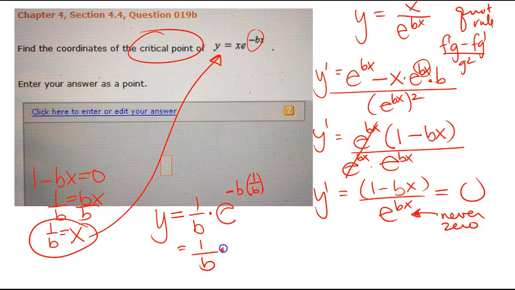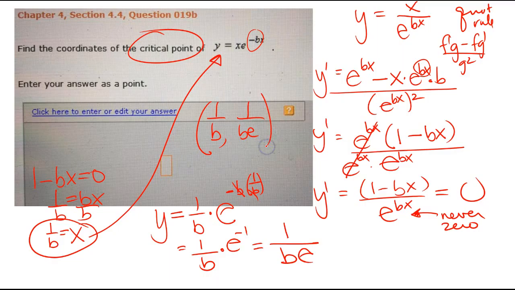Equals 1 over b times e to the negative 1, which is 1 over b e in the denominator. So our coordinates are 1 over b is my x, and 1 over b e is my y. I hope that makes sense. It's important to look at the different parts of the derivative to say, well, some portions will never be 0, so we don't have to worry about those as we're trying to find the critical points. Okay?